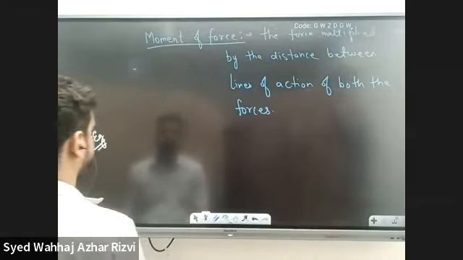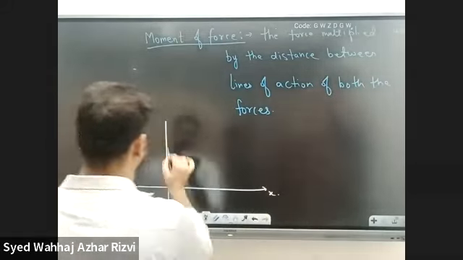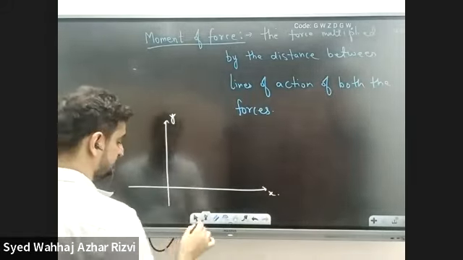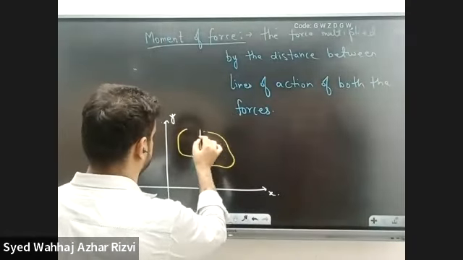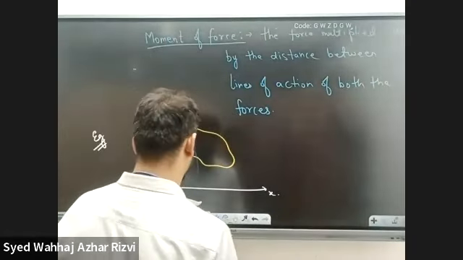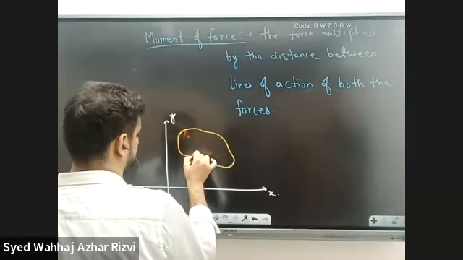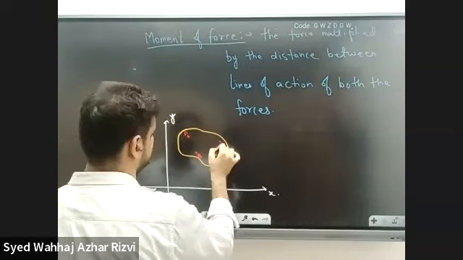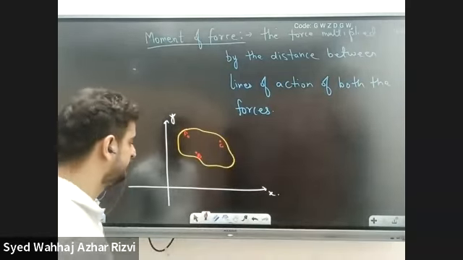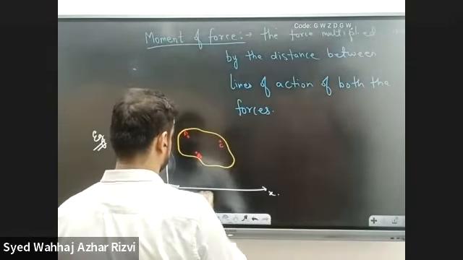This is the x-axis. This is the y-axis. This is a body, and on this body we have three points: a point A, a point B, and a point C. On all these points we have different forces.